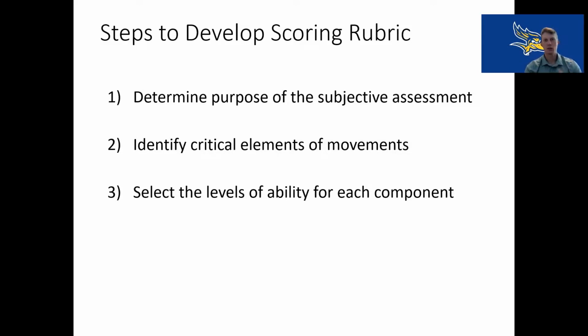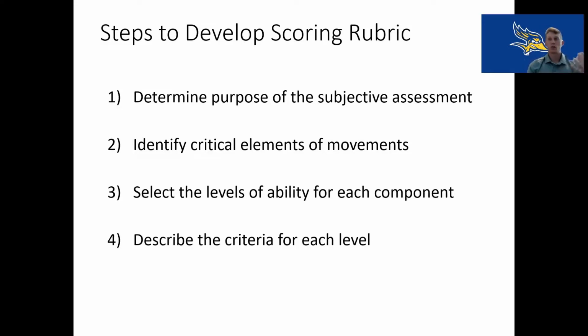What level of ability is this mover? Is this a novice mover? Is this an intermediate mover, advanced mover, master mover? And then describe what is the criteria for each level. So if this is met, then this score is given.